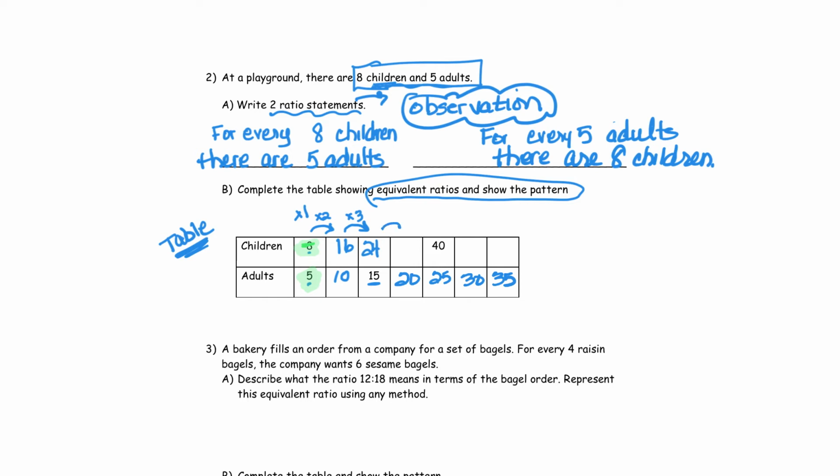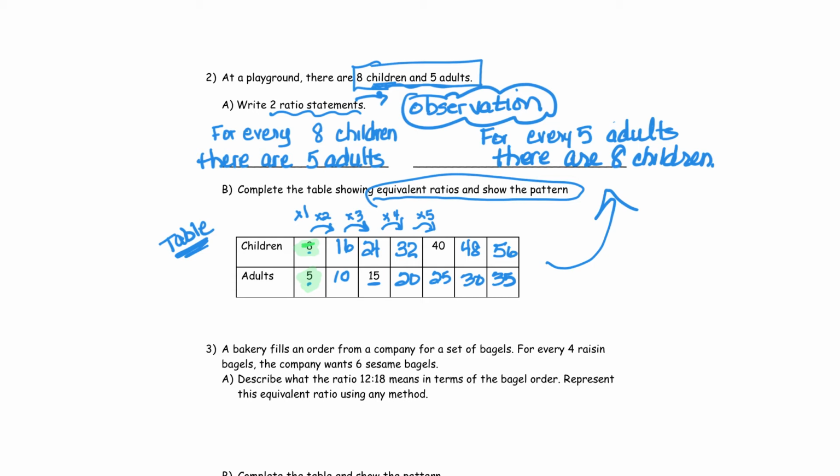Now times 4, and I could write this here, times 4. So 8 times 4 is 32. Then I have 40, which is times 5. And you don't have to write this all across the top if you know your number patterns. So then times 6 would be 48. Times 7 would be 56. And here, boys and girls, is a table to represent the equivalent ratio of 8 children to 5 adults. These are all equivalent here.